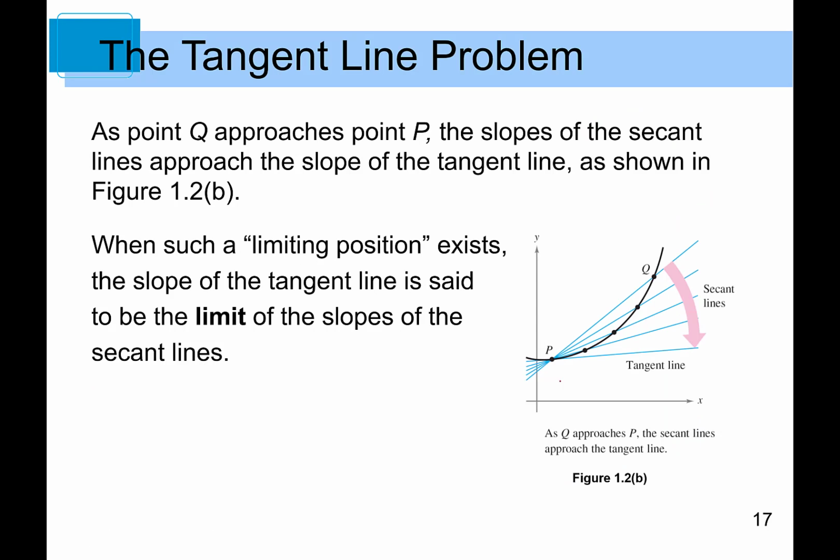So as you can see, you can come up with infinitely many secant lines, but in order to make the secant line as close to the tangent line, eventually we're going to move the point very, very close to that point P. So in this case, we come up with the limit process.